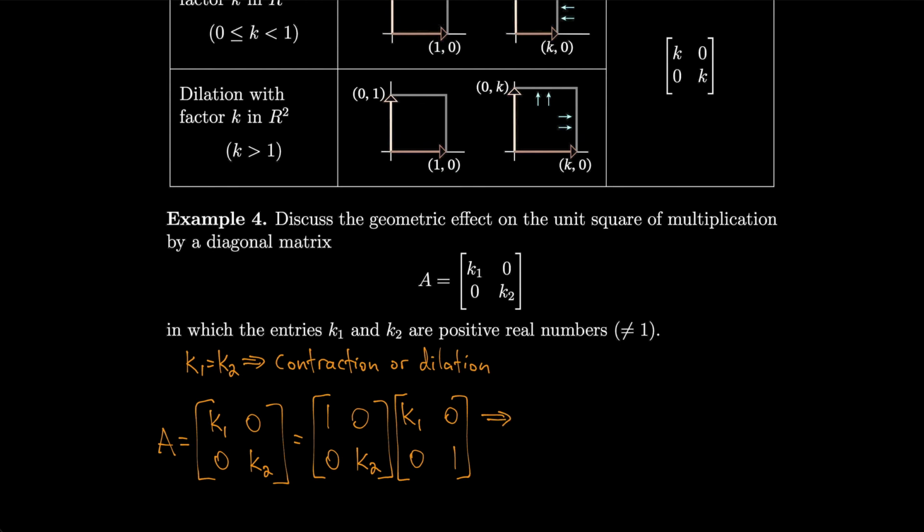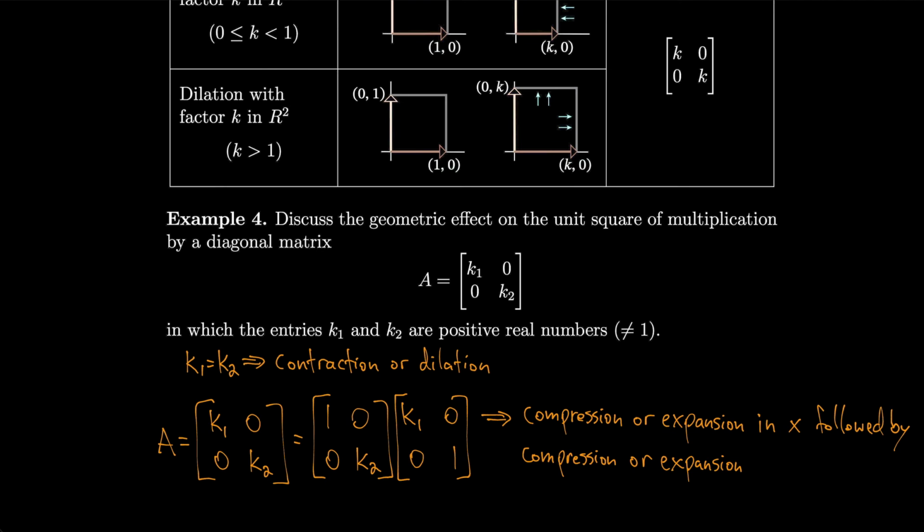So that implies that it can be viewed as a compression or expansion, depending on k, in x, followed by a compression or expansion in y, as we saw in the other examples in the other tables.